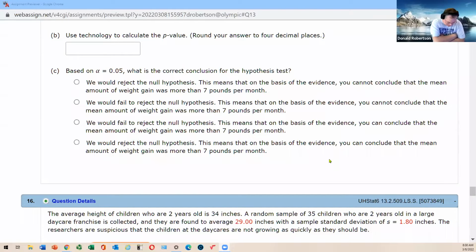We have checked the p-value and it's not less than the significance. Doesn't that mean there's not enough evidence to reject H0? No, right? That's the basic answer. So we would reject a no. Nope. We would fail to reject it. Okay, that's the way of saying that. This means on basis of the evidence, you cannot conclude that the mean weight gain is more than 7 pounds.